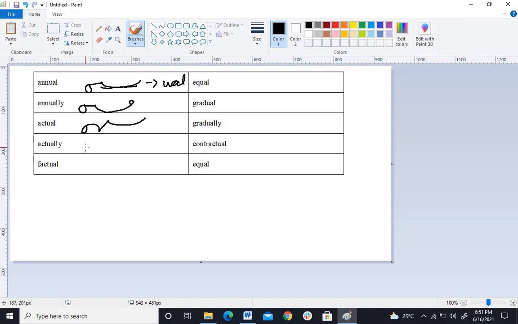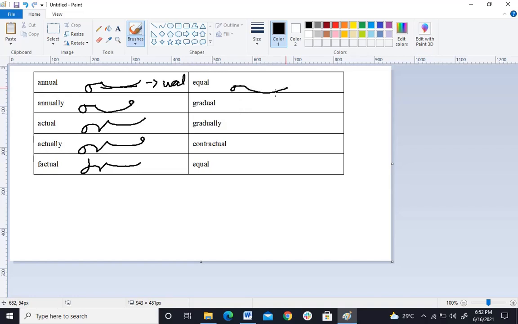Actual. Actually. Actual, and then yung stroke natin for li. Factual. F-A-K, tual, T-L. Next, we have equal. Wala kayong Q. Ang nandun is yung K. Ik.